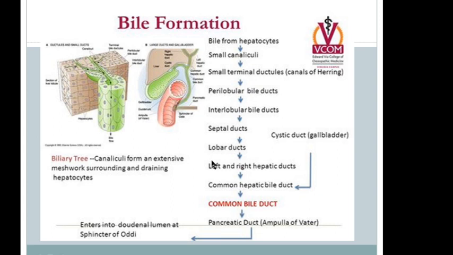From lobar duct, left and right hepatic duct, then into the common hepatic duct. From common hepatic duct it enters into the common bile duct, where the pancreatic duct joins at the ampulla of Vater and enters into the duodenum at the sphincter of Oddi. So the biliary tree is a canaliculi that form an extensive meshwork surrounding and draining the hepatocytes.